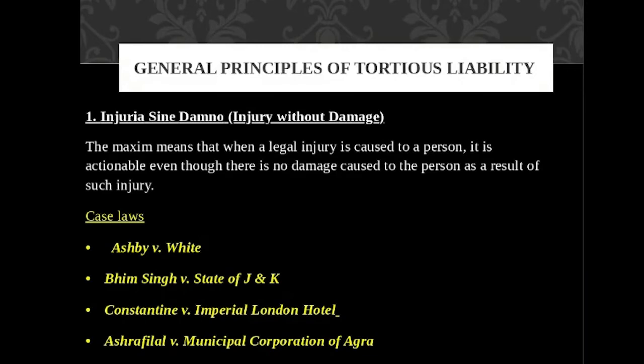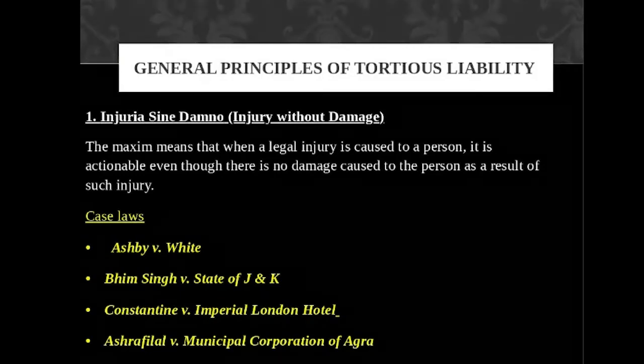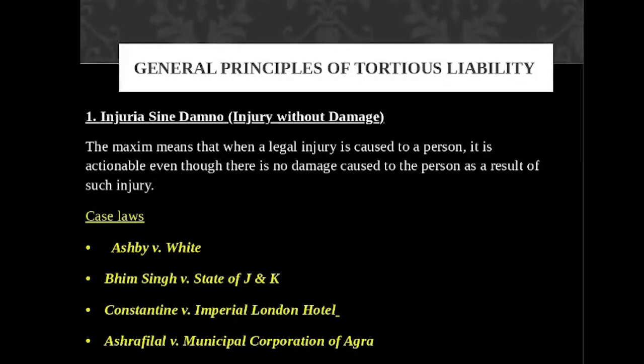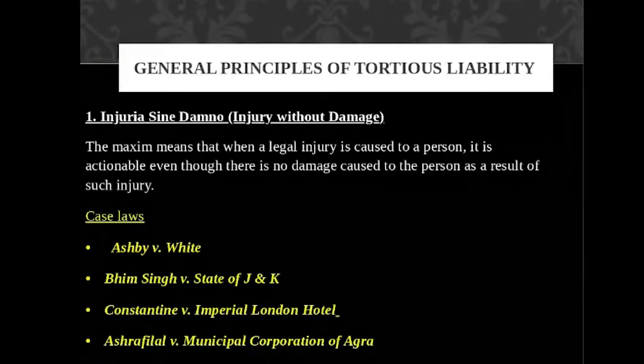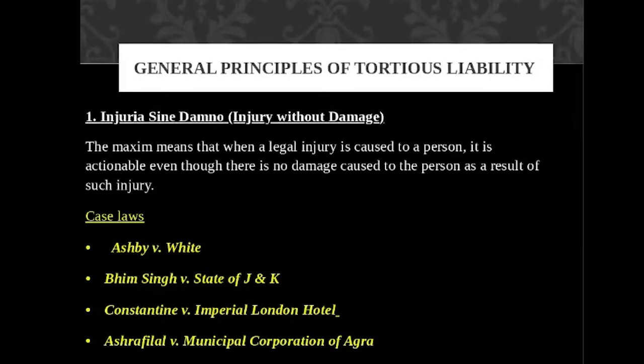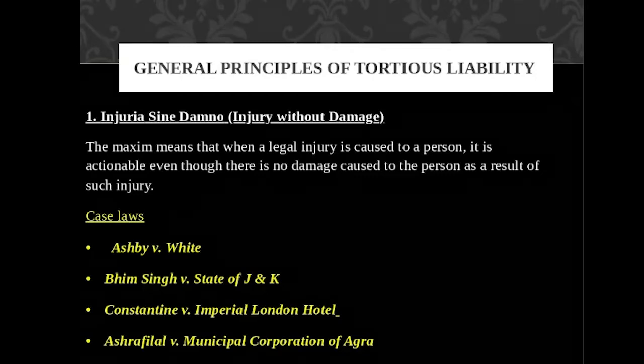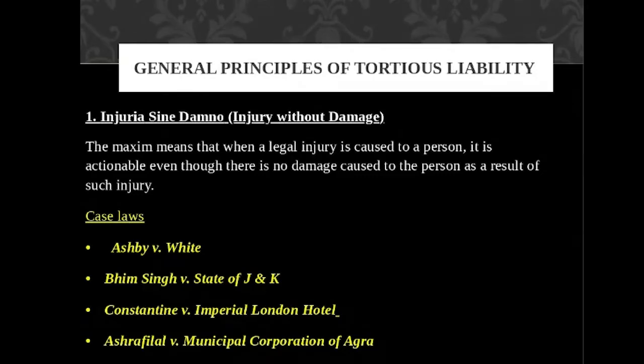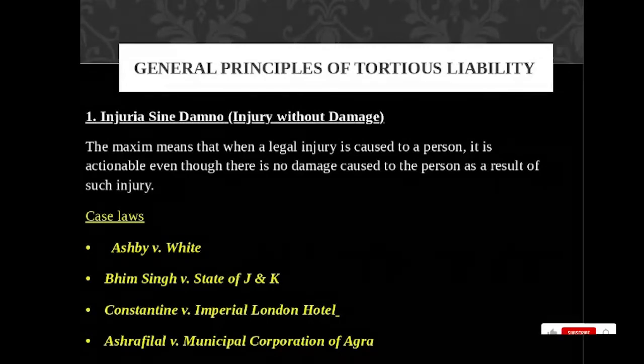As a consequence, he was deprived of his constitutional right to attend the assembly session and his fundamental right to be produced before the magistrate within 24 hours. The Supreme Court awarded him around 50,000 rupees as compensation by way of consequential relief. Where there is injury, that is infringement of right, the plaintiff is entitled to damages and compensation even though the plaintiff has not actually suffered any material loss or damage.